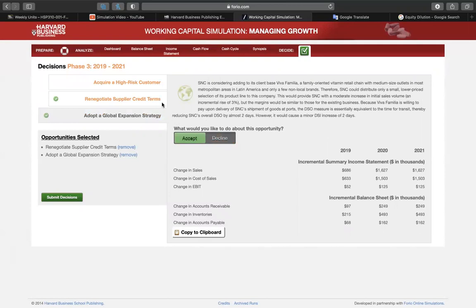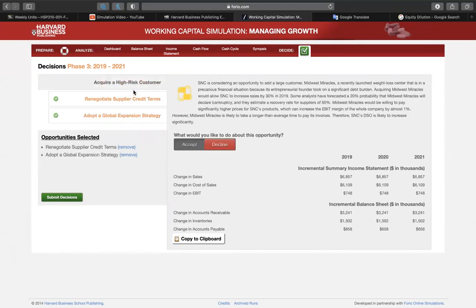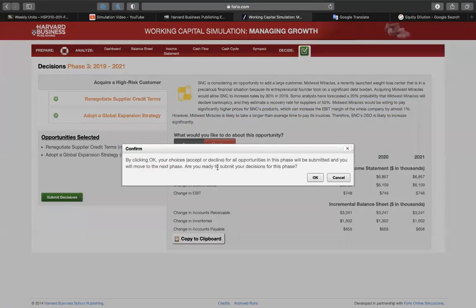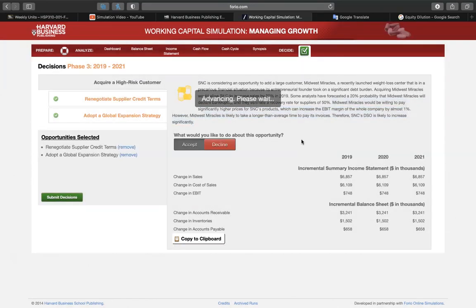The credit term is good for recovering cash flow, but what I'm considering is the high risk customer. They will help us grow too, but I think it will decrease more cash flow in the future. That's why I decline this one, and we submit the decision.